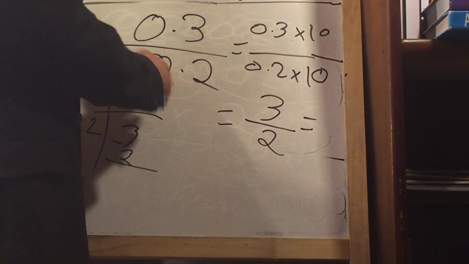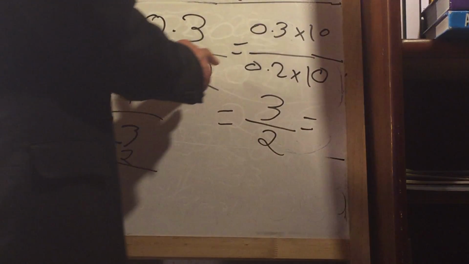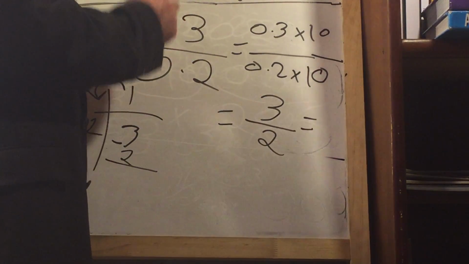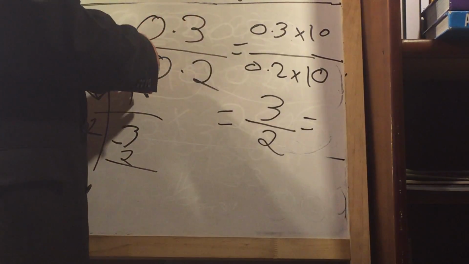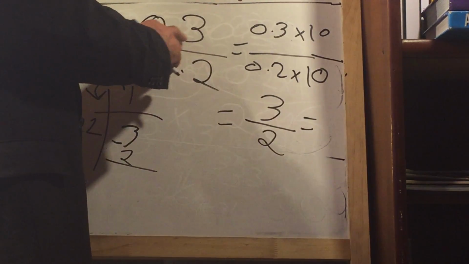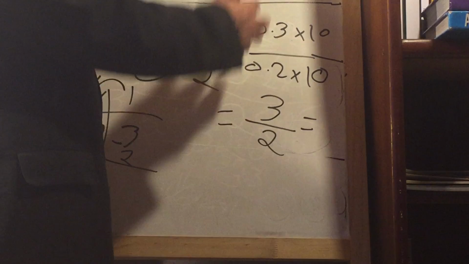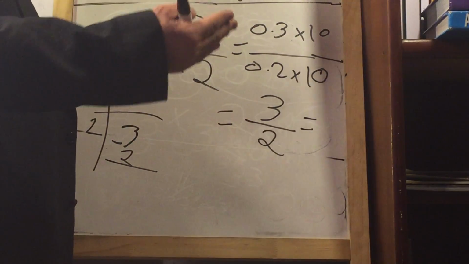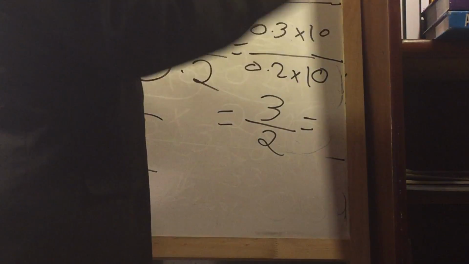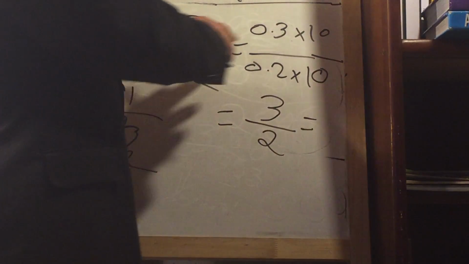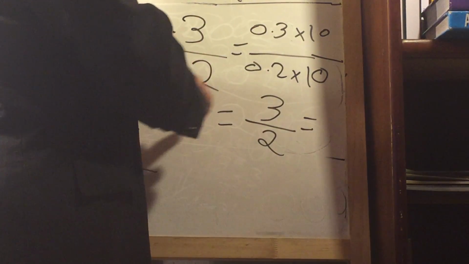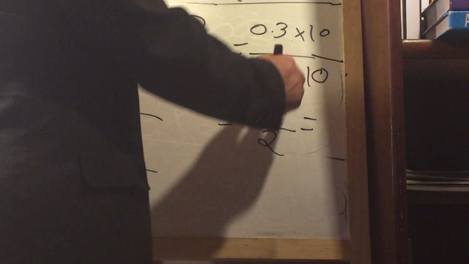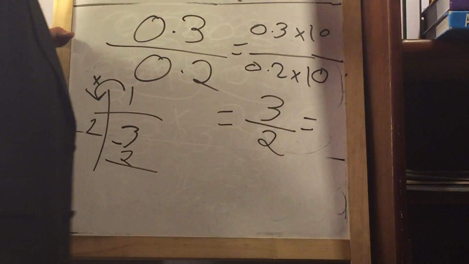0.3 divided by 0.2. What we can do, like we did with the multiplication, we can do with the division. 0.3 times 10 in order to get rid of the decimal point for a minute, and then we put it back. 0.3 times 10 is 3, and 0.2 times 10 is 2.